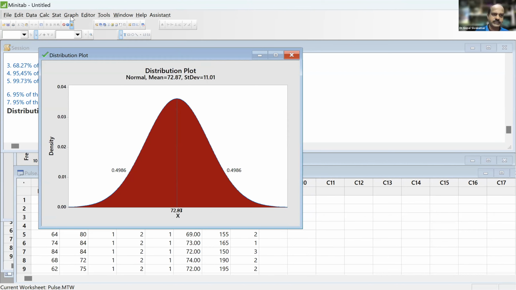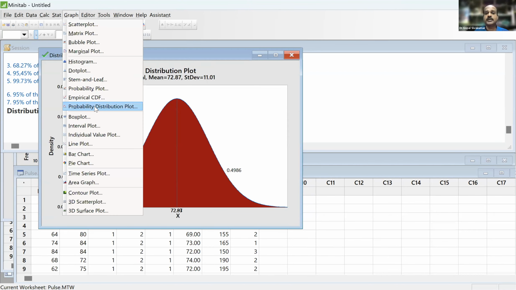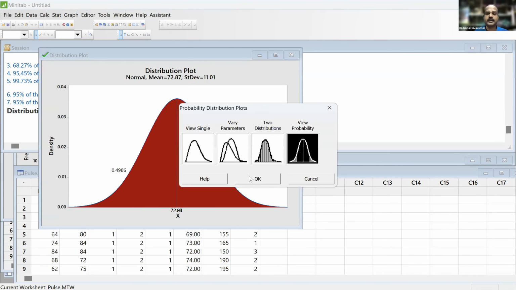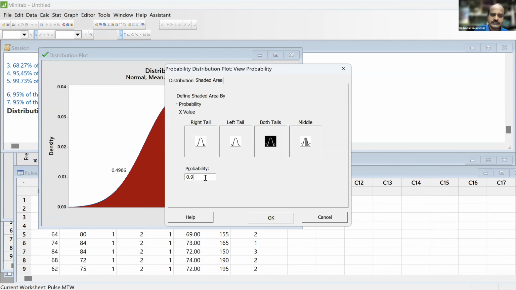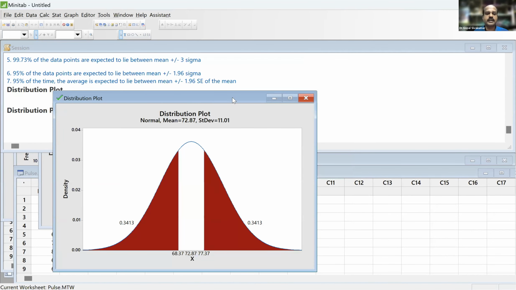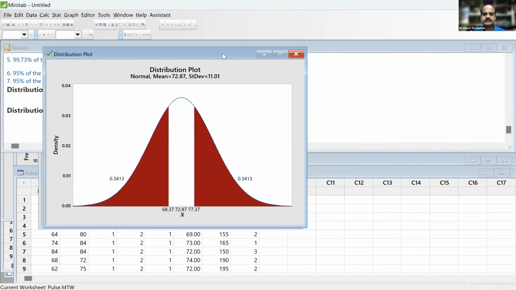Let me reduce it. Graph, probability distribution plot, view probability. Same thing, shaded area. Instead of this, I want to say 68.27. I am typing 0.6827. Let me give OK. Now this is right and left.